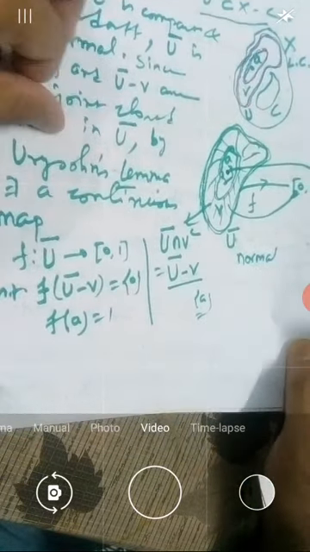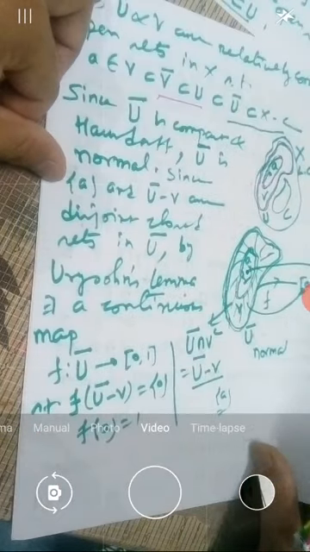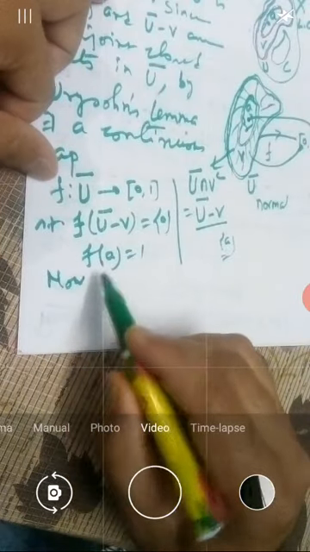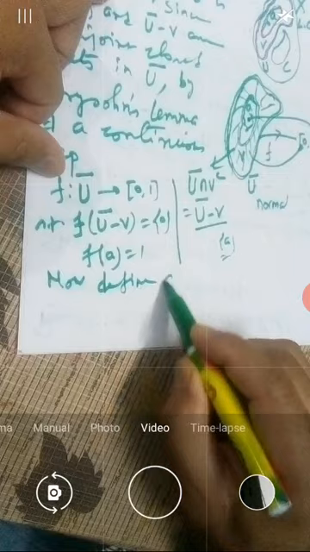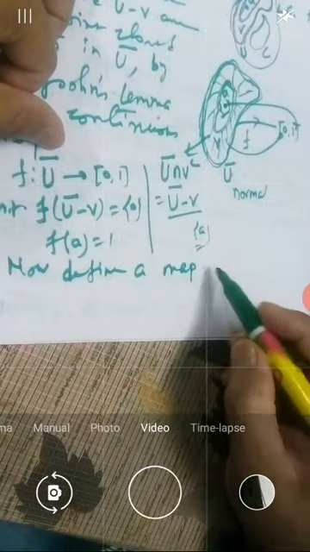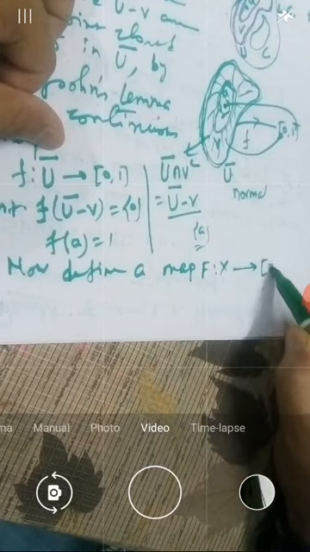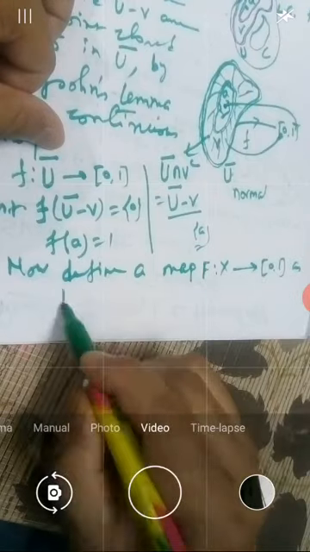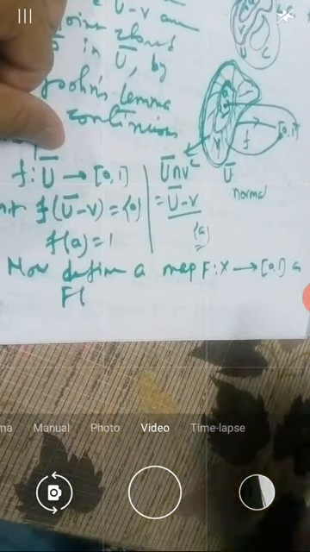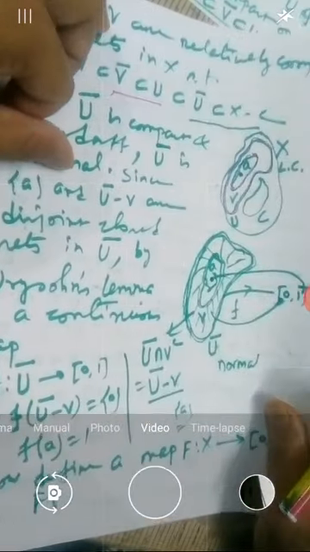Okay, so now define a map, capital F, from the whole space X to [0,1] as follows.